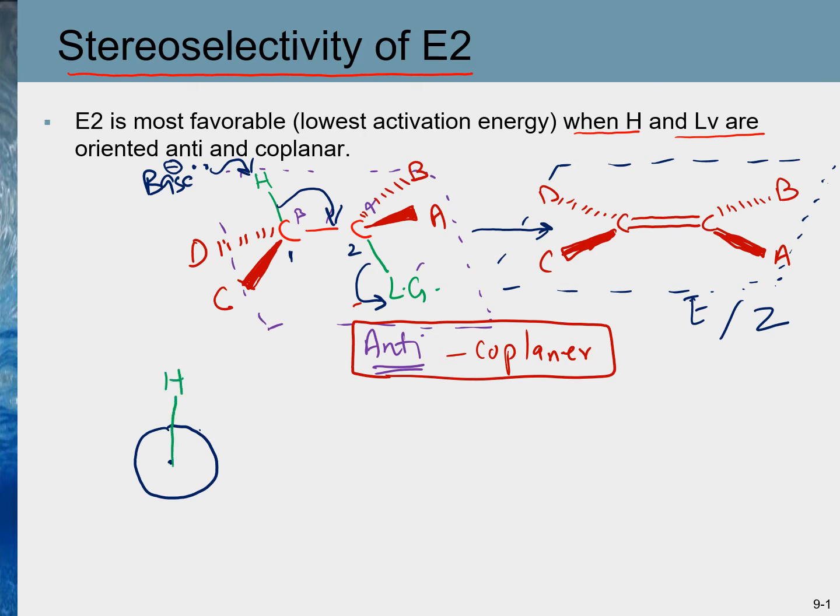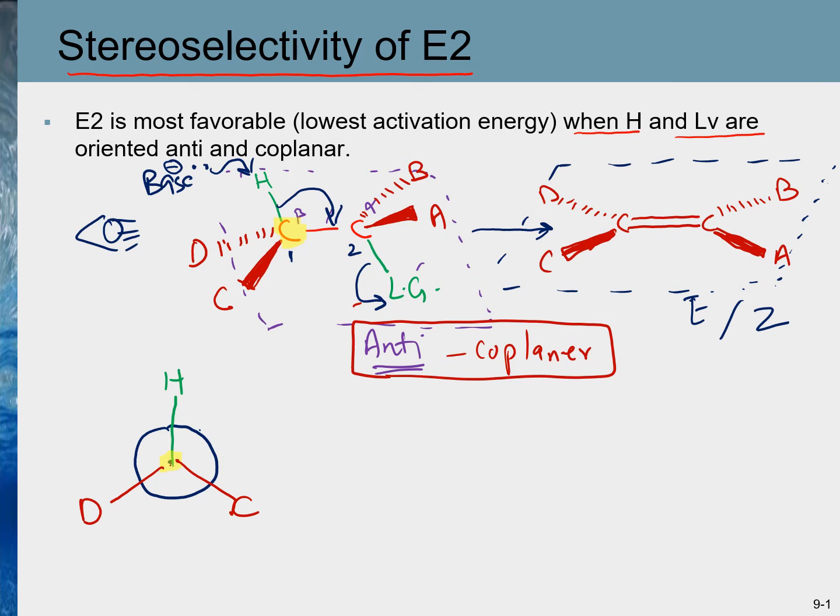So I'm trying to draw this carbon here. It has hydrogen on top, and if I look from this side, then C is bonded to my right side, so C will be here and D will be here.